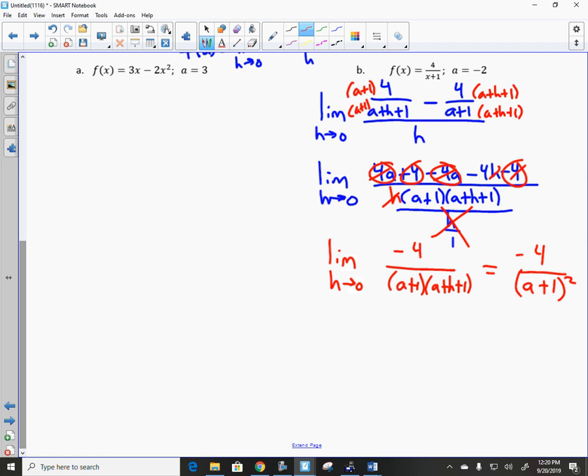So that will tell me the slope of the line tangent if I simply insert my a value now. And what value are we trying to find the slope? Negative 2. As I put in negative 2, I get negative 2 plus 1 is negative 1. Squared is 1. Negative 4 over 1 is negative 4. So f prime of negative 2 is equal to negative 4 in this situation.